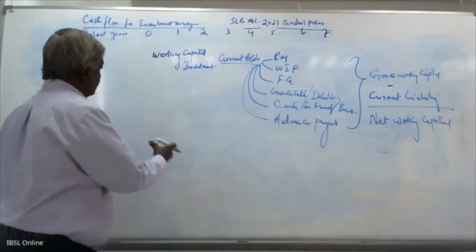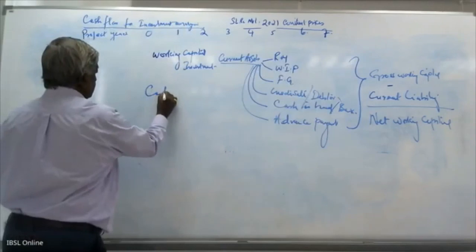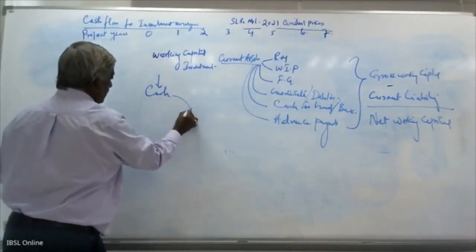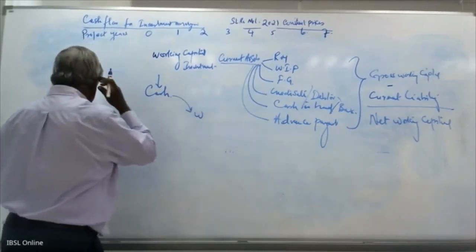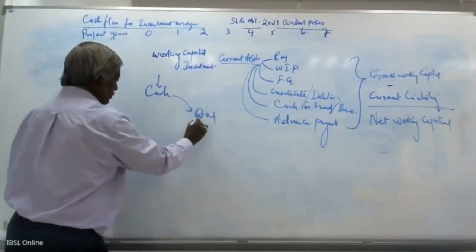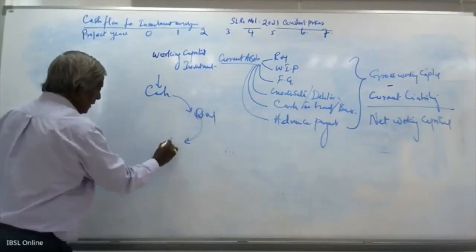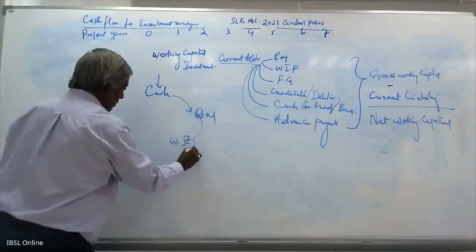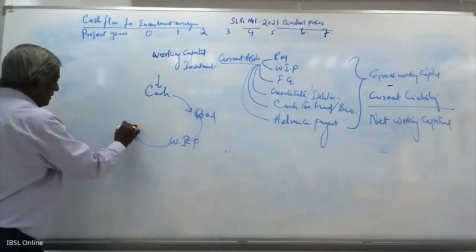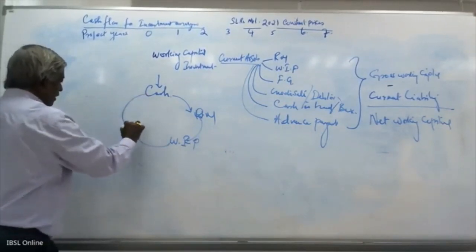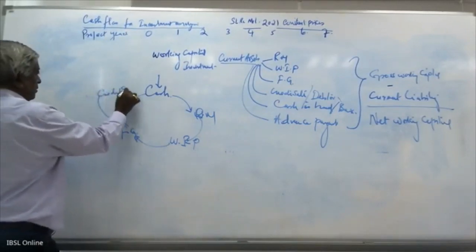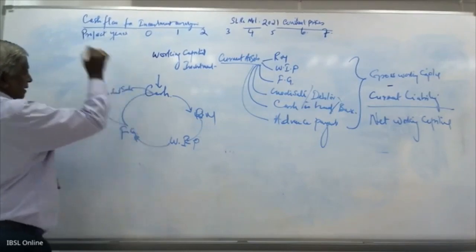Another way to see it: cash or bank, then what you are buying, raw material, then work in process, finished goods, then sale, cash or sometimes credit sale, and it will come back as cash.